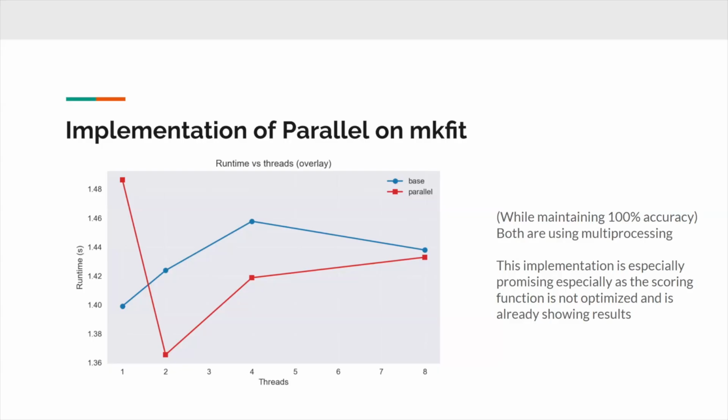This is especially promising because the scoring function for the collaborative approach is not optimized based on all the physics metrics that it could be, and it's still showing promising results. So an optimization in that area could yield even further results.